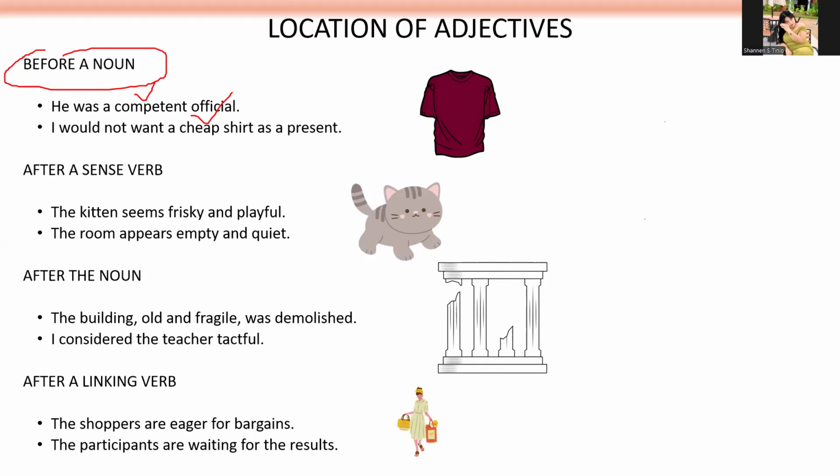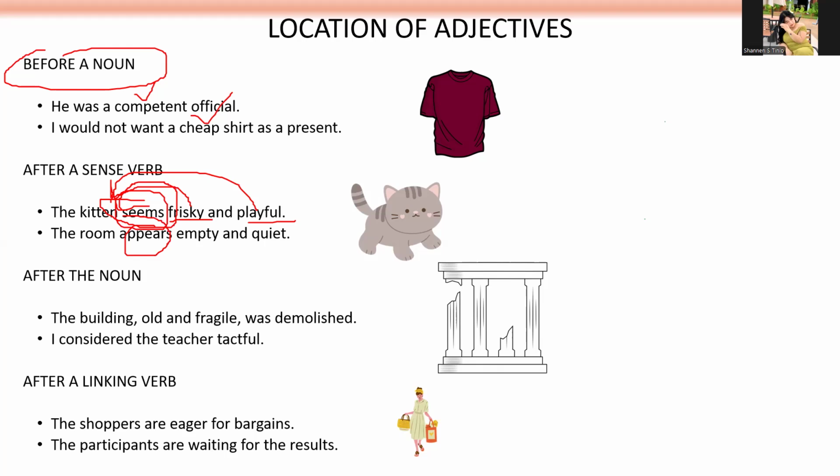The adjectives are frisky, playful, which describe the kitten. Okay? So, ito yung sense verbs: seems, appears, sounds, looks.